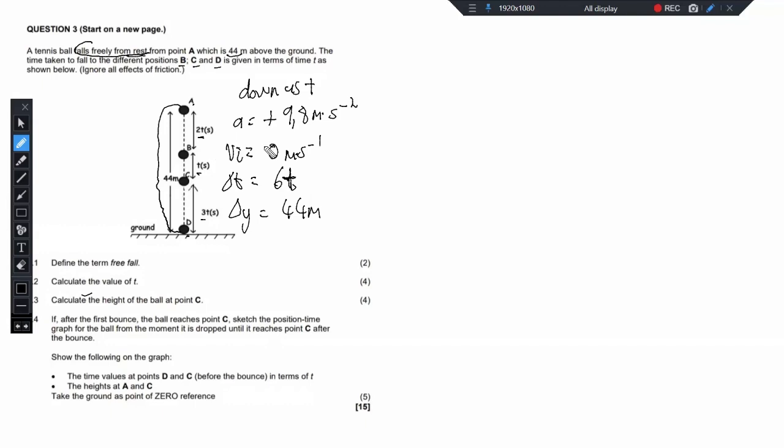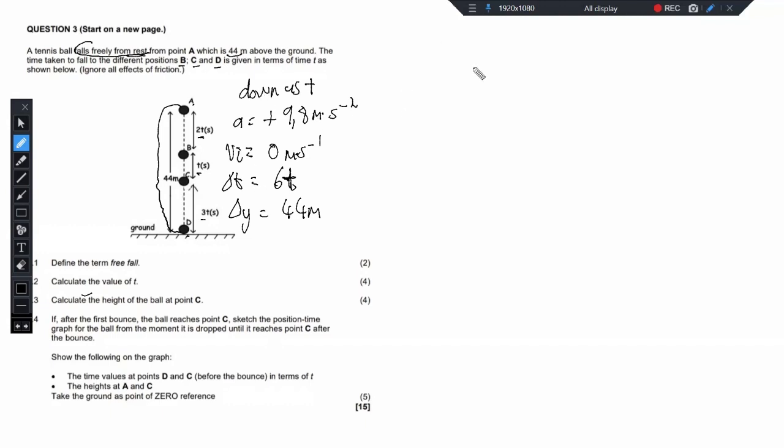So once you have collected your data, you have to look for an equation of motion that has all of this. So that's how you choose the correct formula. First, collect your data, and then your data will lead you to the correct formula. So do not go and pick the formula and then try to adjust your data. Collect your data first, and then go and choose the correct formula based on your data.